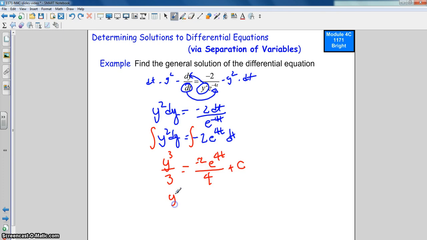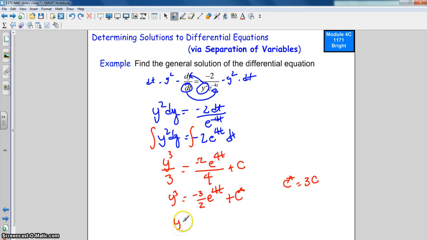If you want to solve for y, we can do that quickly here. You get minus 3/2 e to the 4t, and I'm going to label this plus c star. C star just means you have your constant of integration, and then you multiply by 3, but that's really just another constant, so that's why I call it c star.